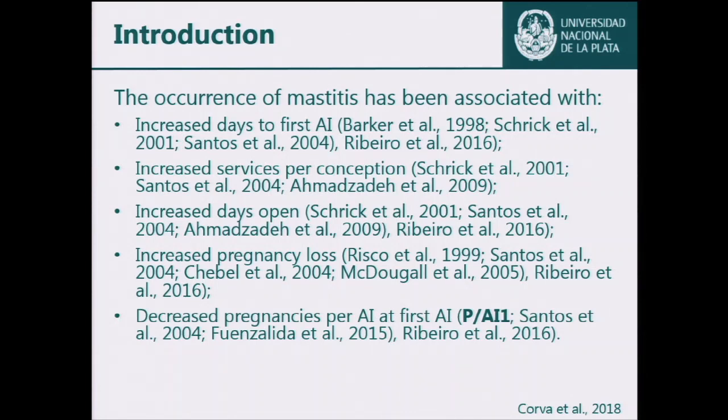Most of this work does a sampling of the cows that have mastitis, isolates the bacteria, and then checks the pregnancy status after the first insemination. And so usually that limits the number of observations in the study.